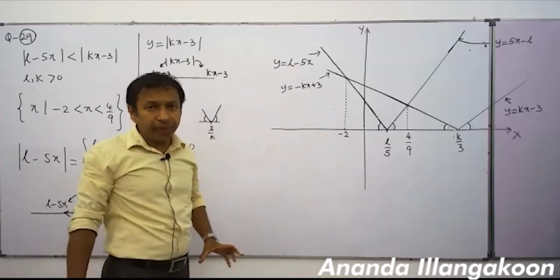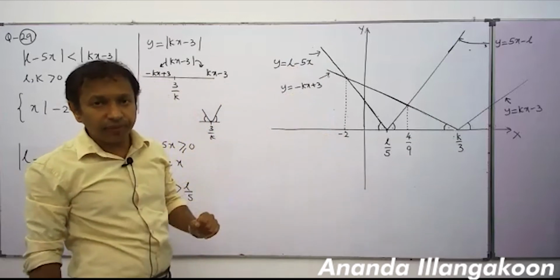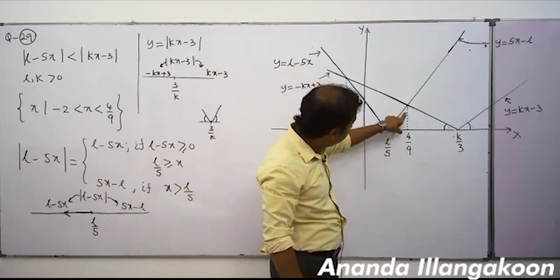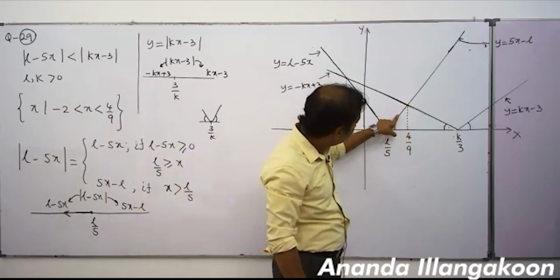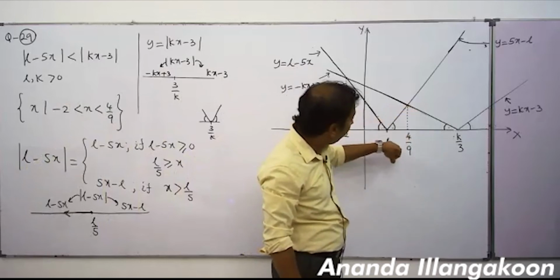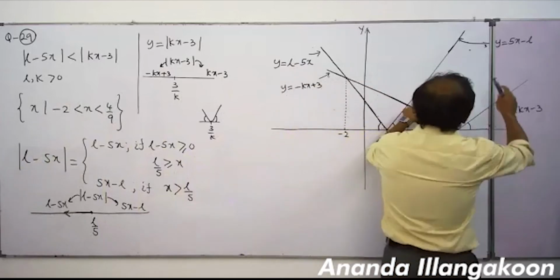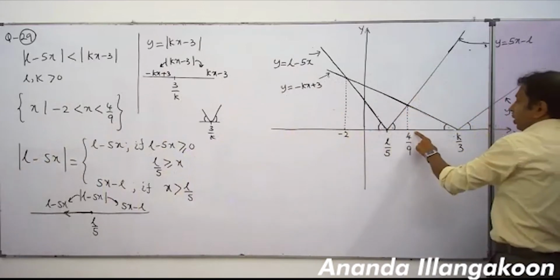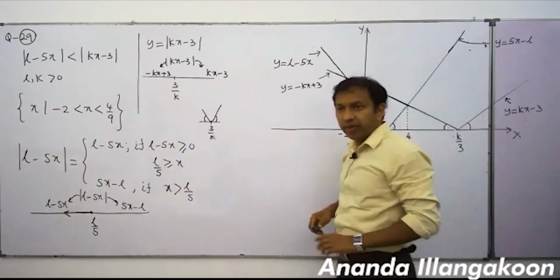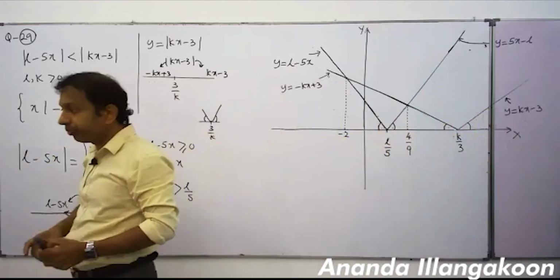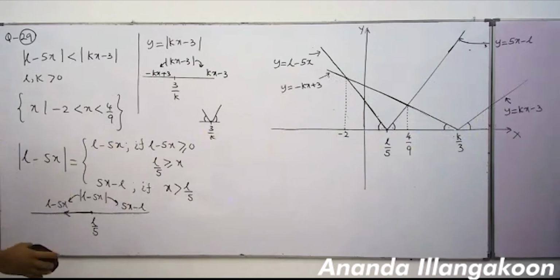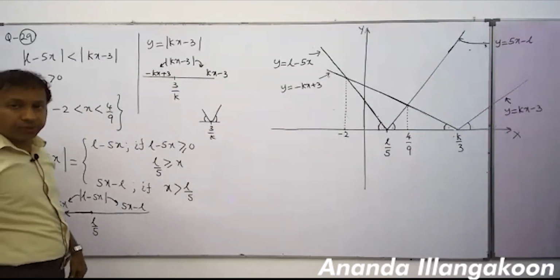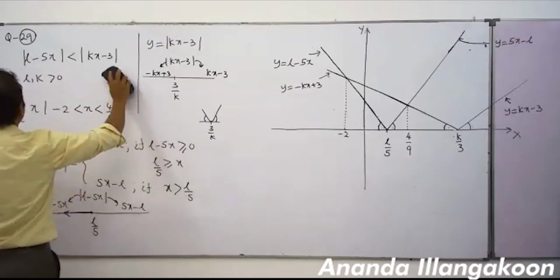Thereby you can obtain one equation involving K and L. At x equals 4 by 9 also, the heights of this graph and this graph are equal. Thereby you can take the second equation, involving L and K. Then you can find L and K by solving those equations. Right? Take that now.